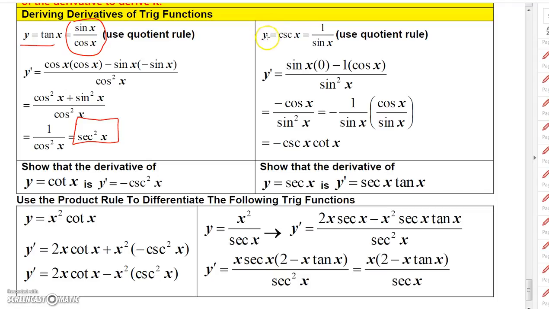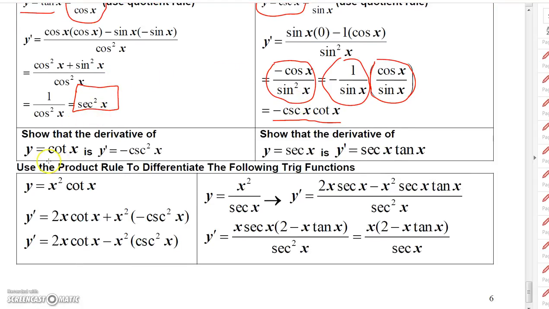And you can do it for another function too. If you want to find the derivative of cosecant, you can write that as 1 over sine, and use the quotient rule there. After a little bit of manipulation, you get minus cosine x over sine squared x, and you can write that as minus 1 over sine x times cosine x over sine x, and see that the derivative of cosecant is actually minus cosecant x cotangent x.